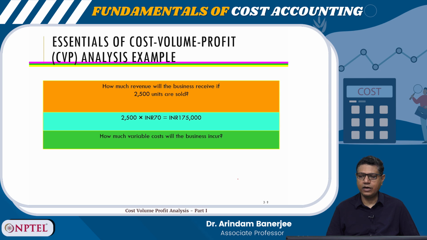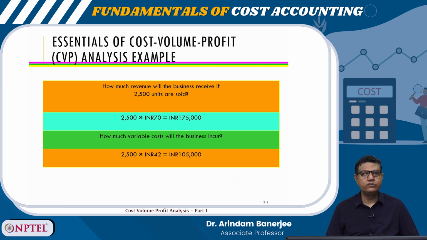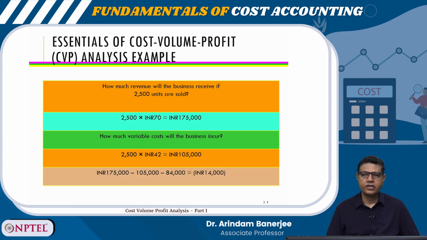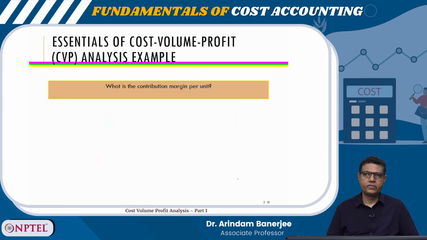Variable cost is 2,500 into what is the variable cost per unit? 42. So, 2,500 into 42, 1,05,000. So, my profit or loss is here, rupees 1,75,000 is the sale revenue minus 1,05,000, the variable cost, minus 84,000 the fixed cost. So, the loss is 14,000, right.